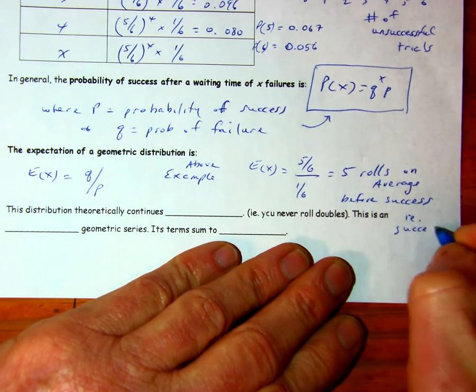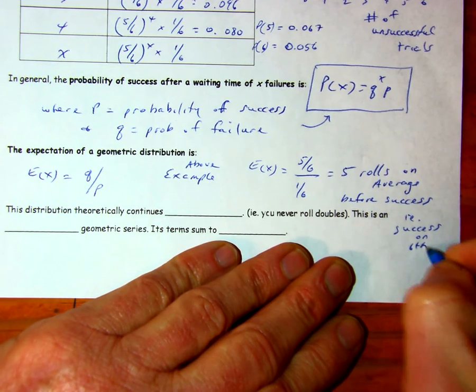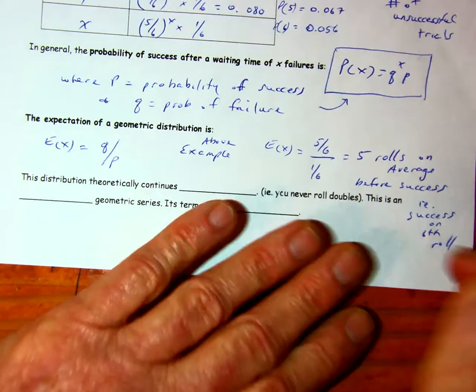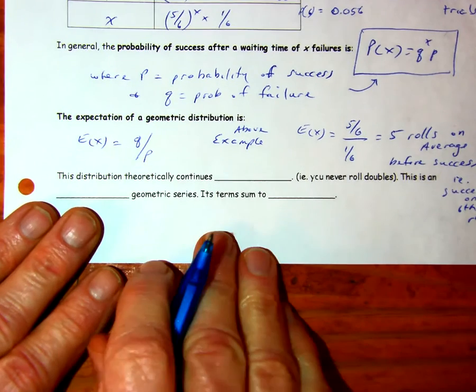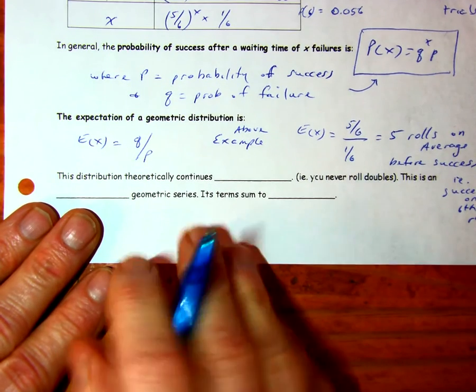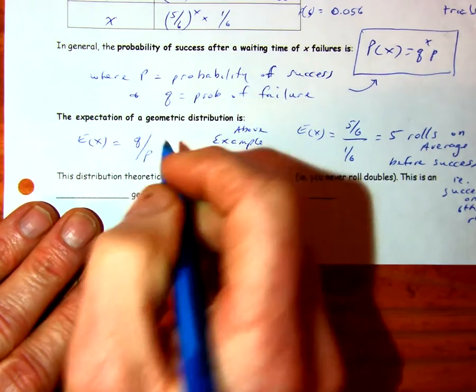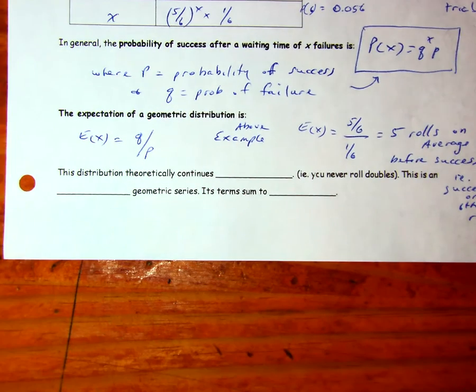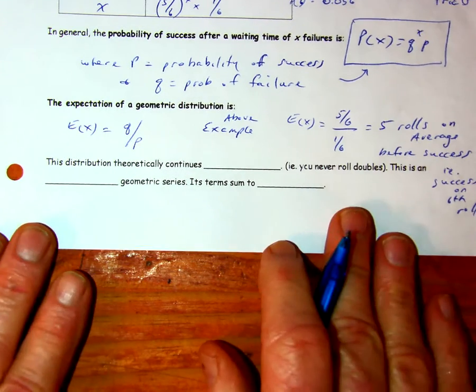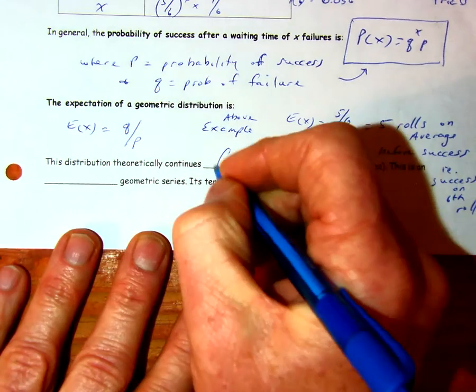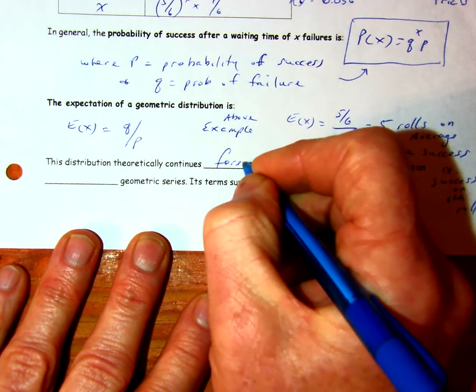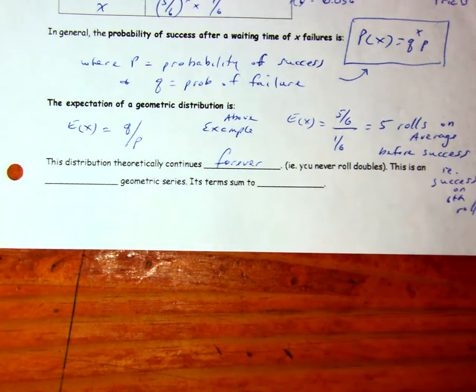So what's the formula for the expectation? It's E of X equals what? Q over P. So this distribution theoretically continues forever, i.e., you never get a double roll.